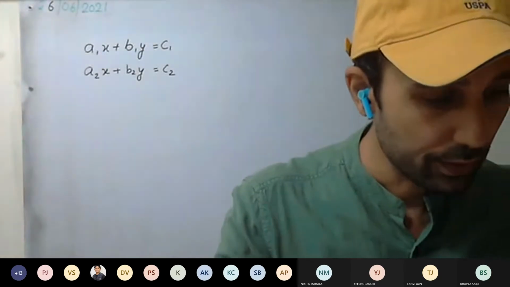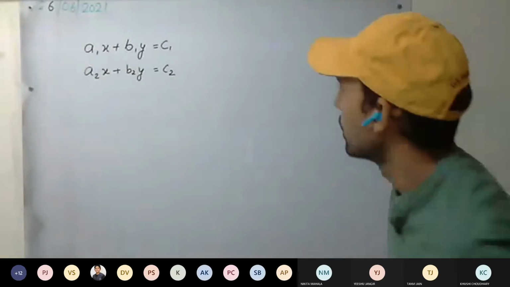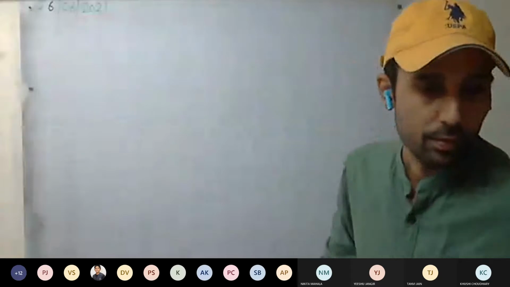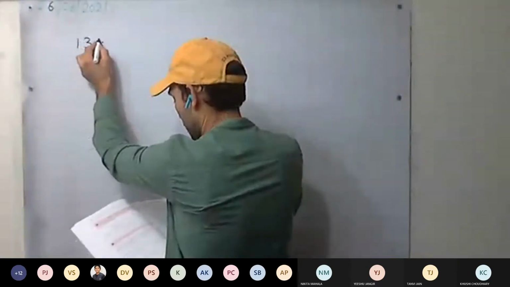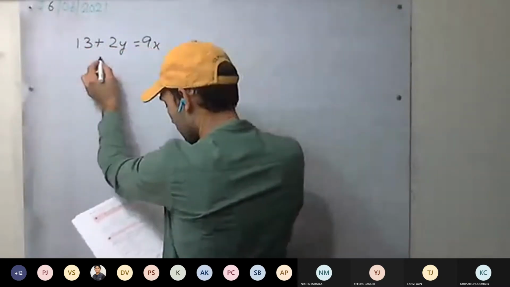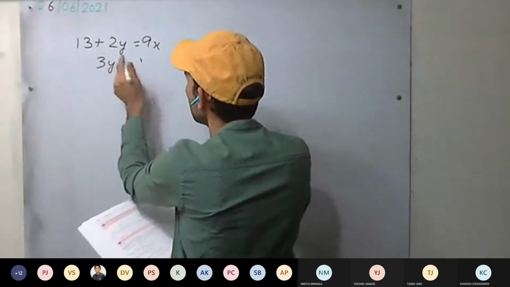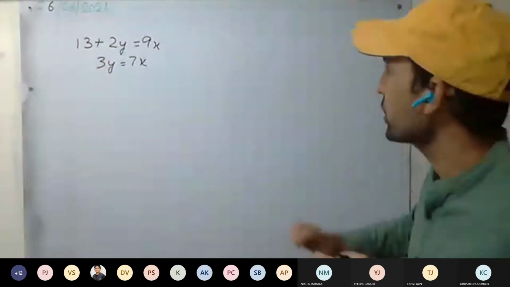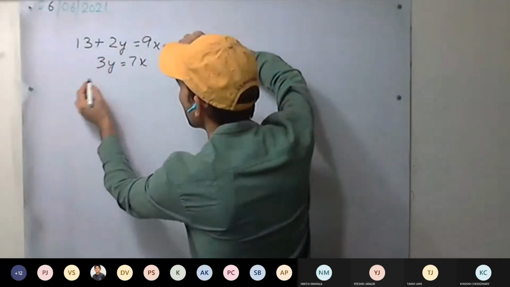So I'm taking the first equation: 13 plus 2y equals 9x. The second equation is 3y equal to 7x. Now I'm writing the first equation in a form a little like standard form.